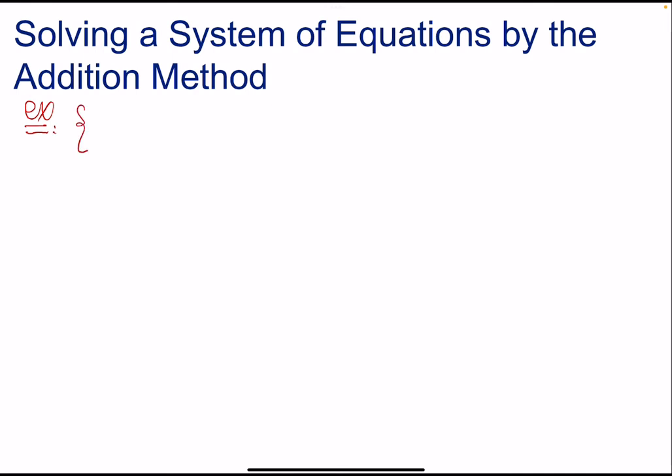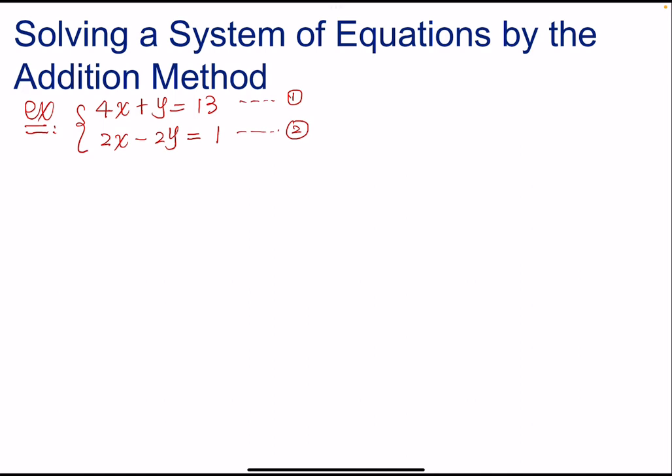We want to solve 4x plus y equal to 13 and 2x minus 2y equals 1. Okay, again, I'm going to name this equation 1, and this equation 2.